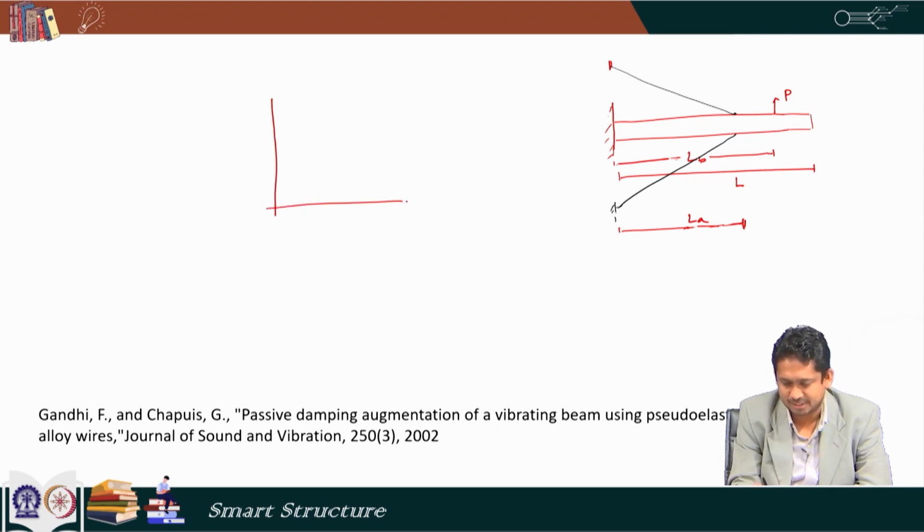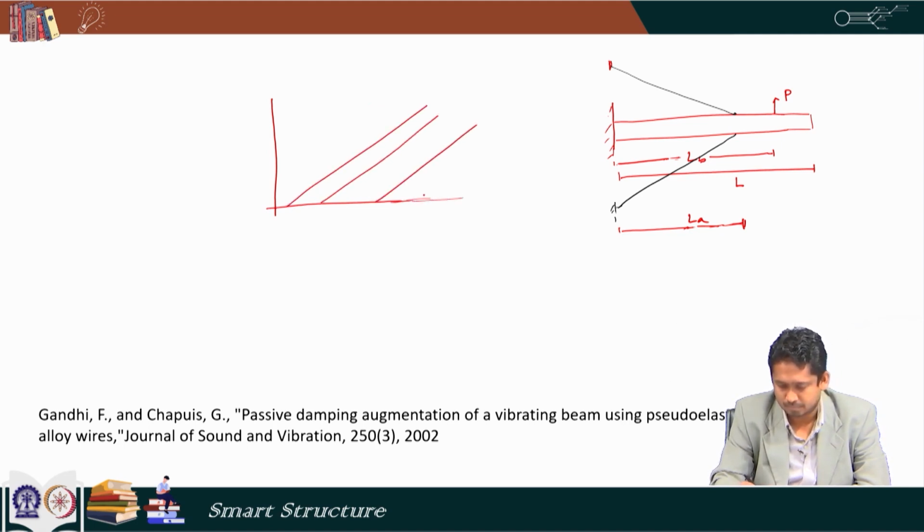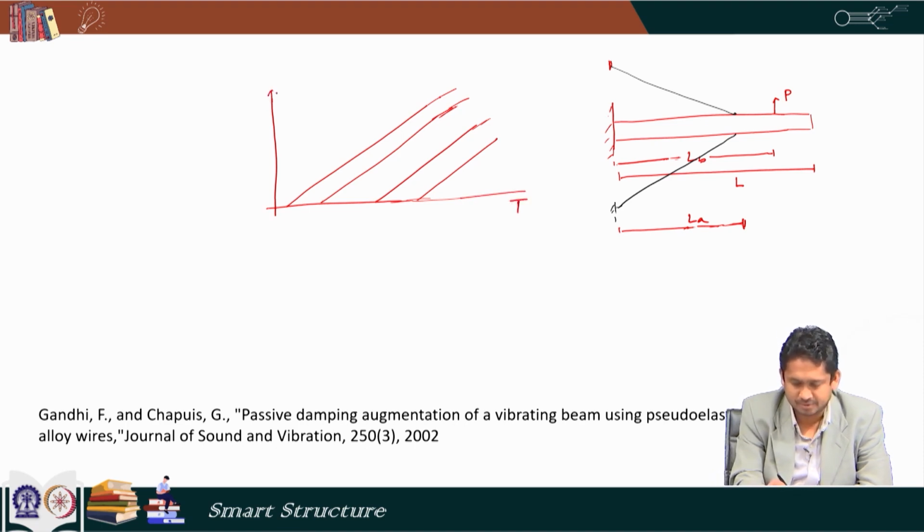So, if we look at the phase diagram of the shape memory alloy, which looks like this. Now, these wires are under pre-stress, tensile pre-stress.